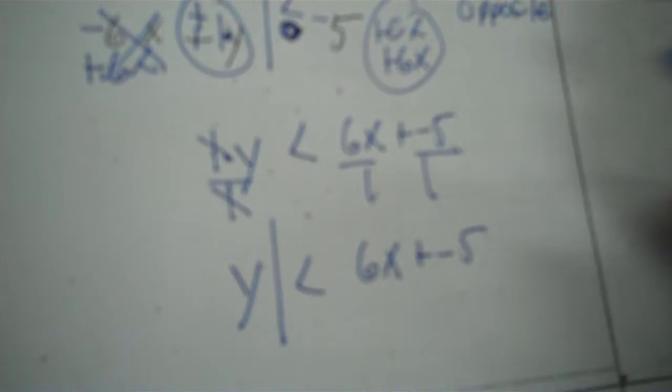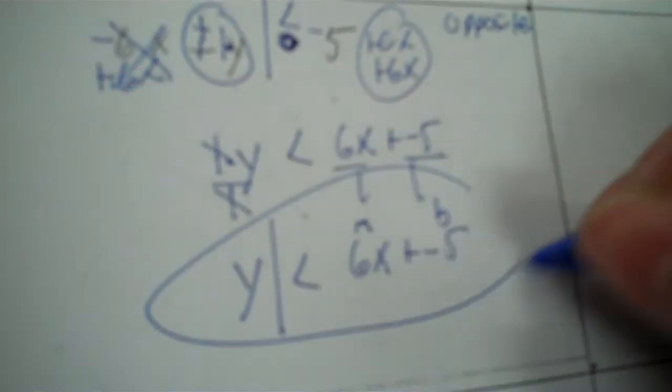Then you divide everything by 1. You're dividing everything by positive now, which is why you make that positive. So now you're going to get 6x plus -5. If it's a decimal, you leave it as a fraction. Okay, m, b.